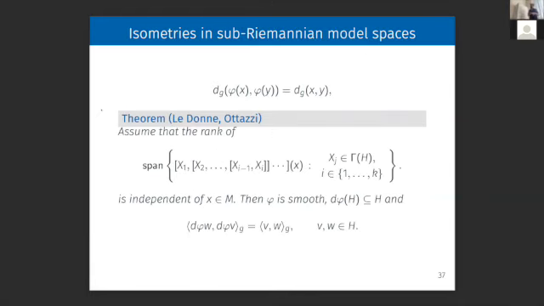If you look at how the rank is generated, and the vector fields in H generate the entire tangent bundle, if they do that in a regular way, where they generate the same amount of space at every point, then it's known that the isometries are smooth, and that it's sufficient to require the differential to map H to H, acting as an isometry on each fiber.